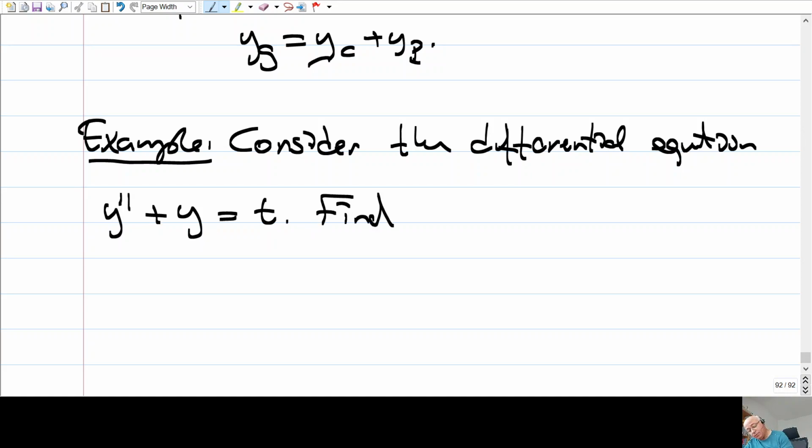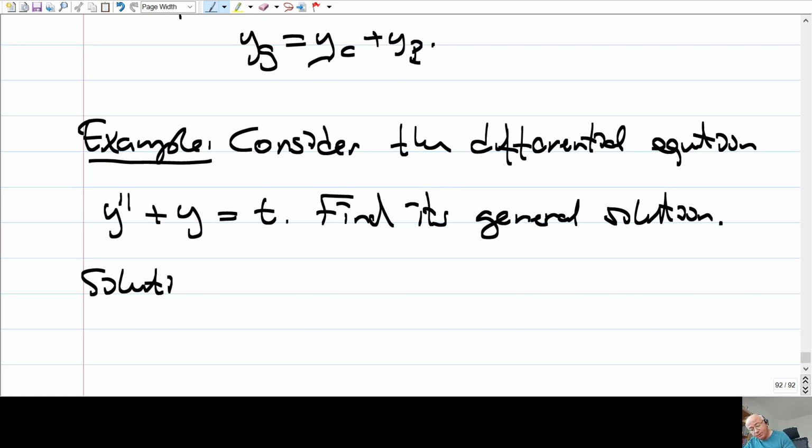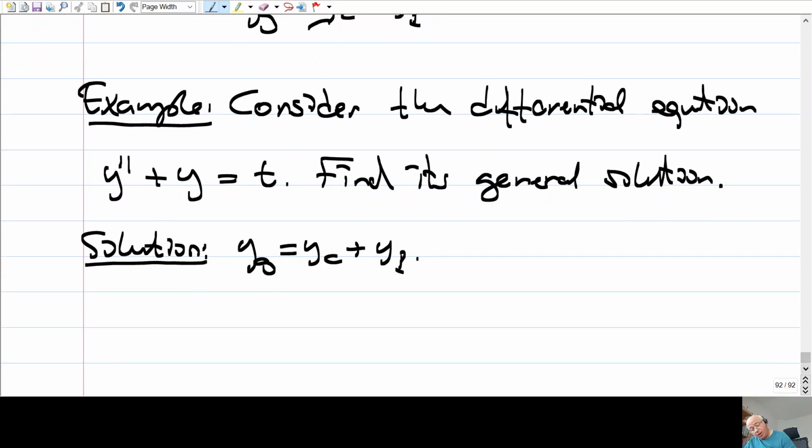Find its general solution. So how do we do this? Again, the general solution is the complementary solution plus a particular solution, and the complementary solution is nothing but the general solution of the corresponding homogeneous equation. So I just let this g of t term be 0 and solve this.